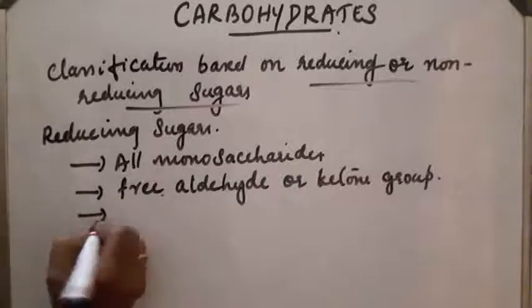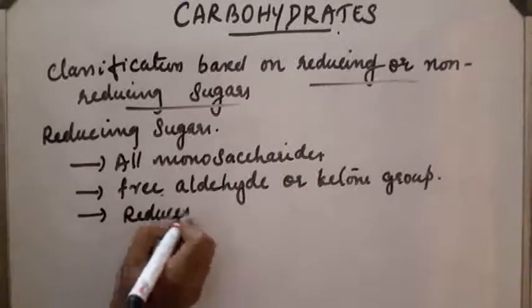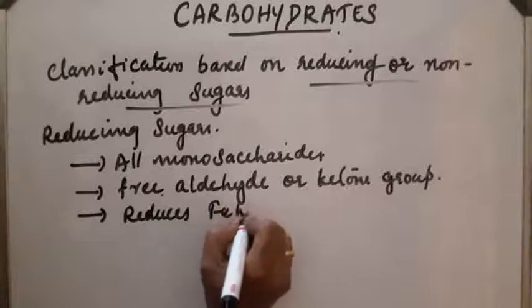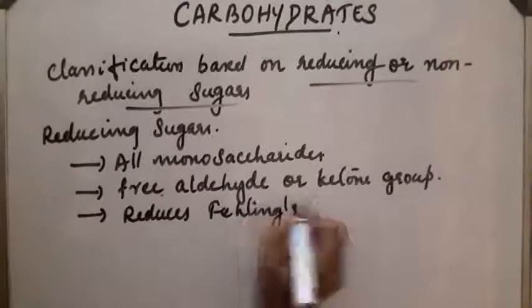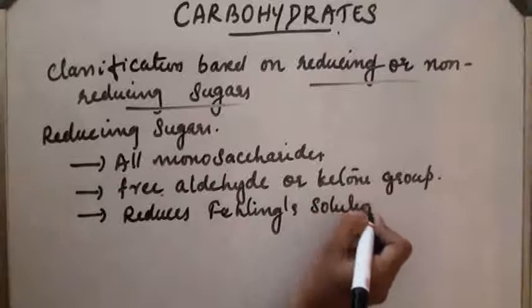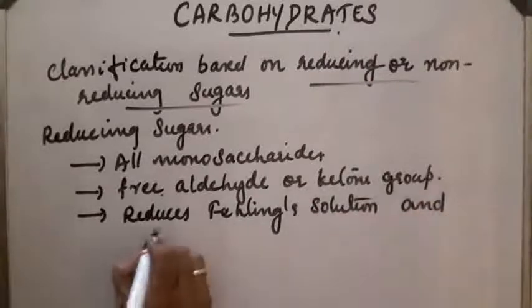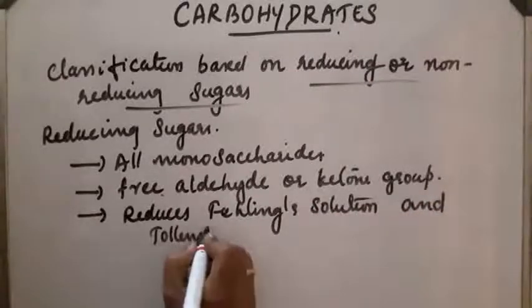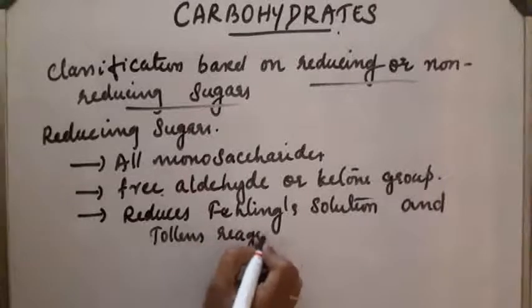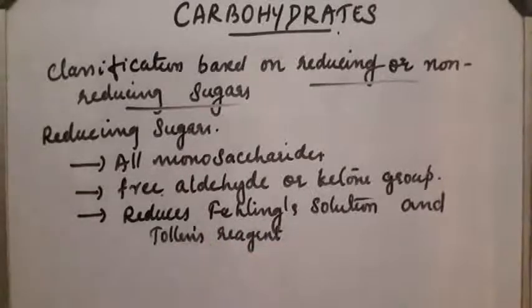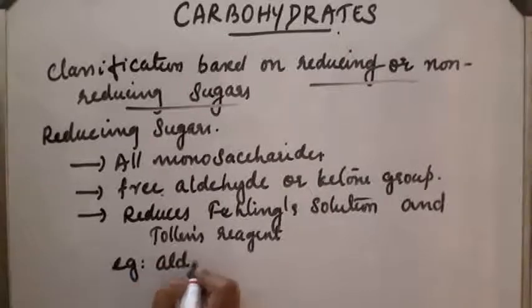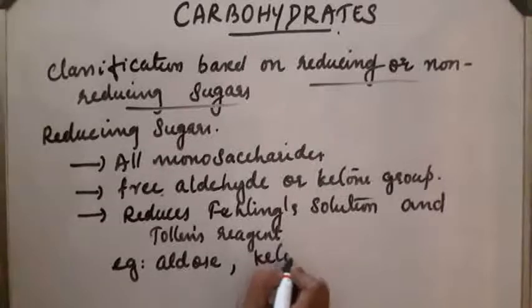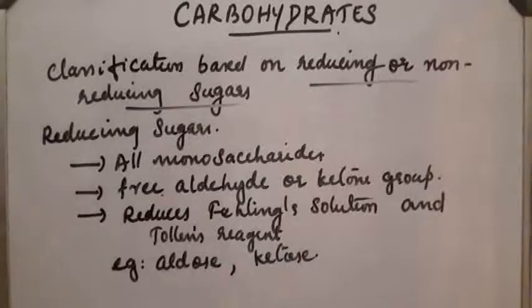Examples are aldoses and ketoses. Aldoses are compounds containing the CHO group. Ketoses are compounds containing keto groups.